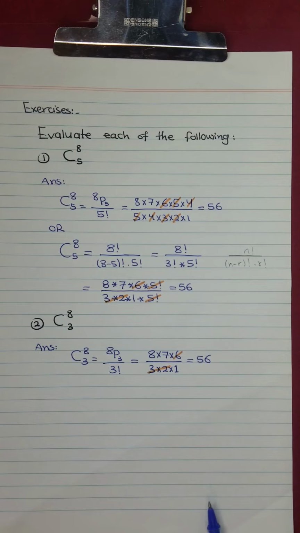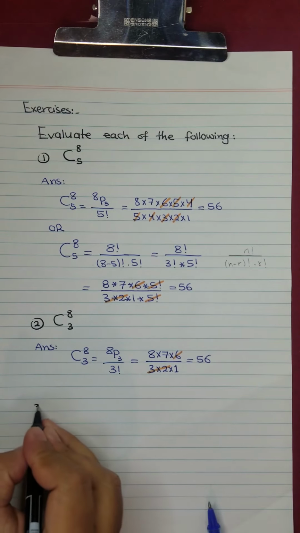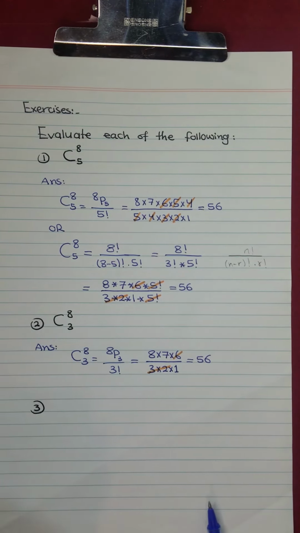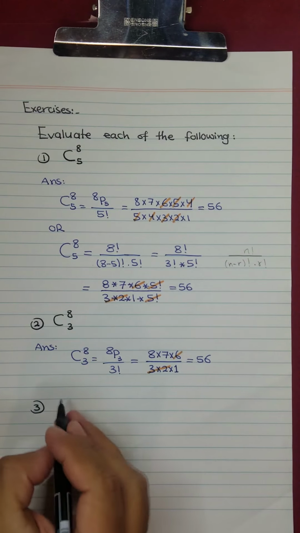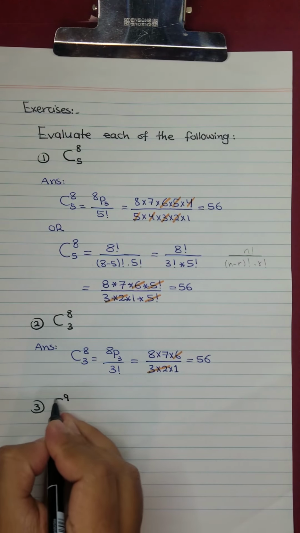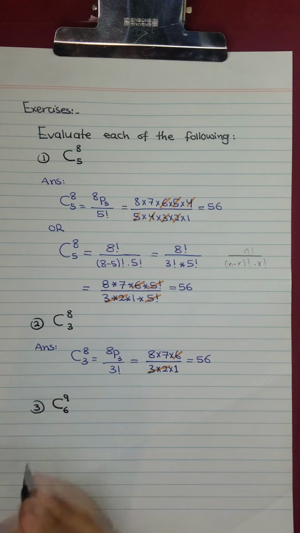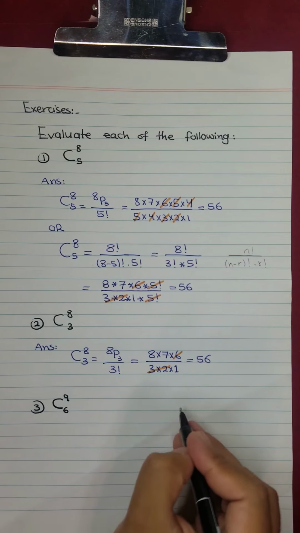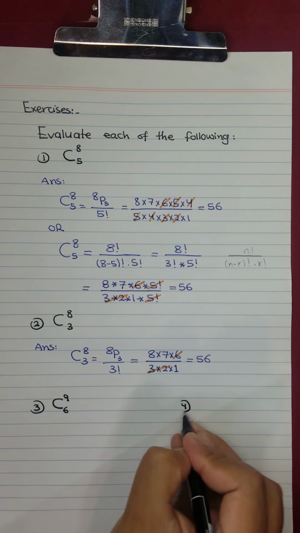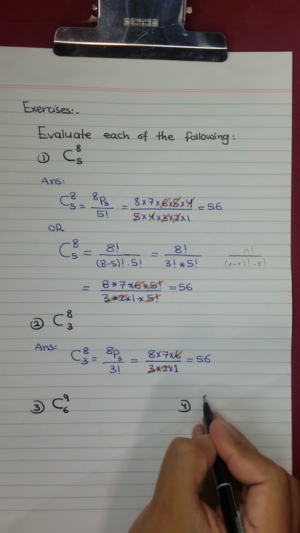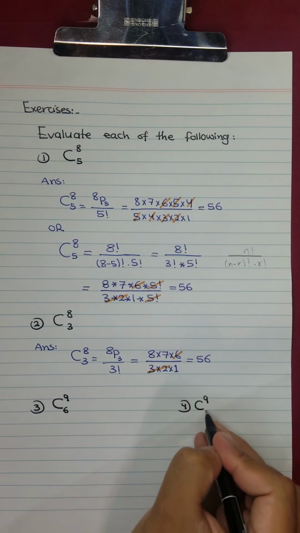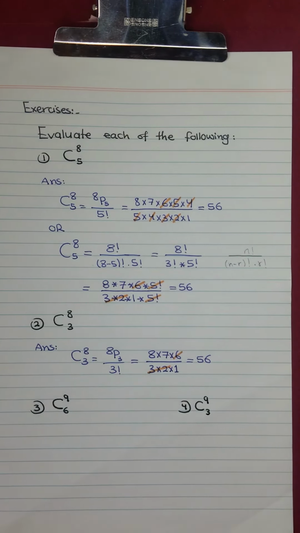So let's check what is the answer of 9 combination 6. And at the same time, let's also check what is the answer of 9 combination 3. And let's see if these two will give us the same answer.